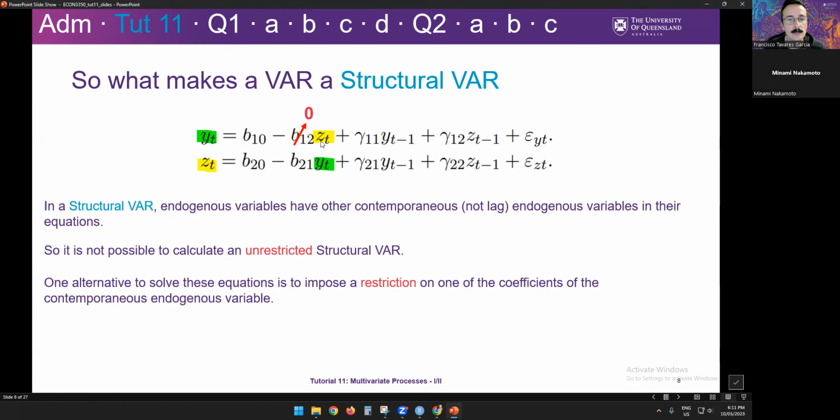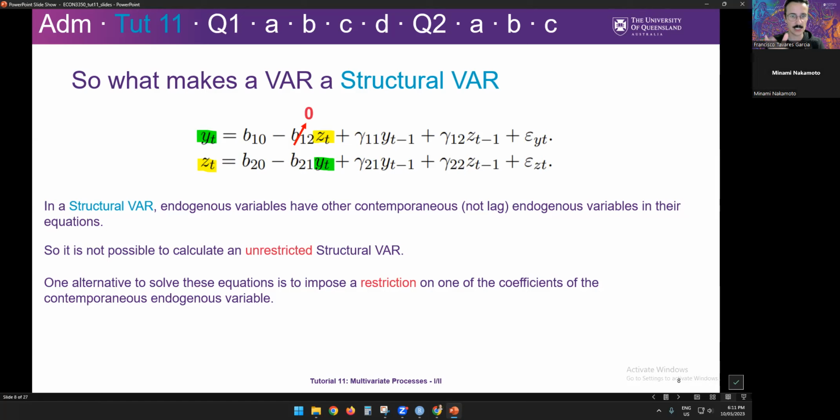Now that we don't need the zt, I can calculate all my forecasts in the future, but I need to calculate first yt. Then with the value of yt, I can calculate zt. But what are the consequences of imposing that restriction? We will be exploring it more on question 2.